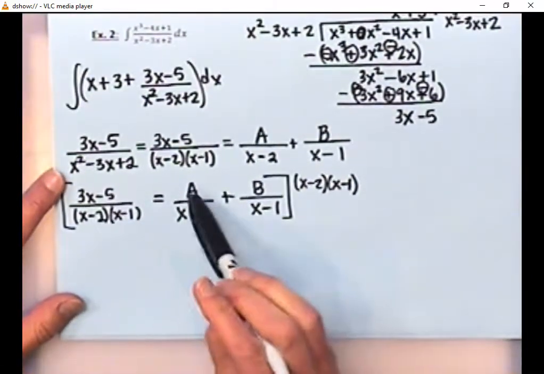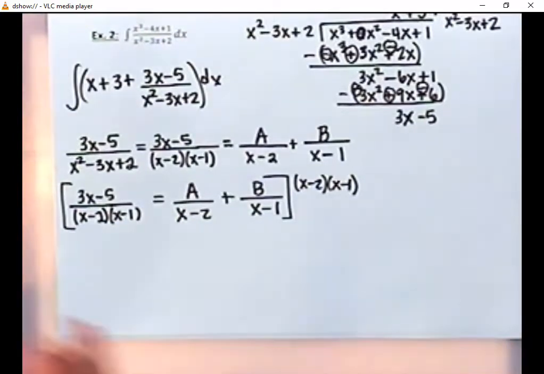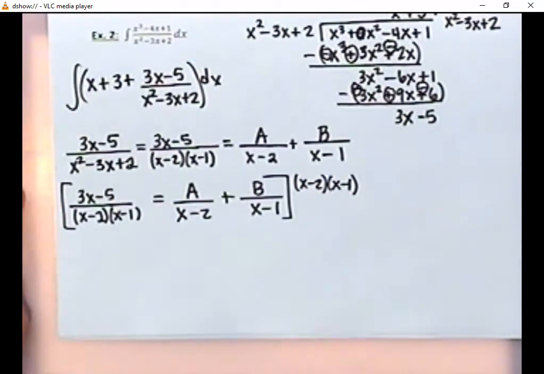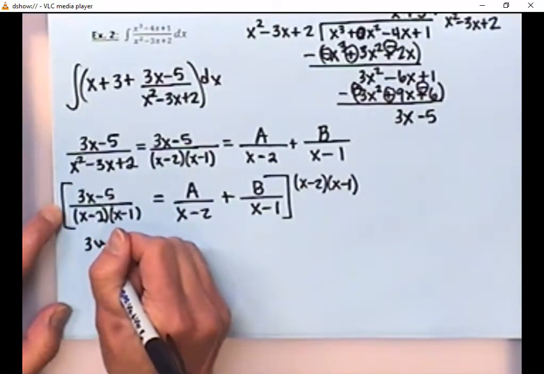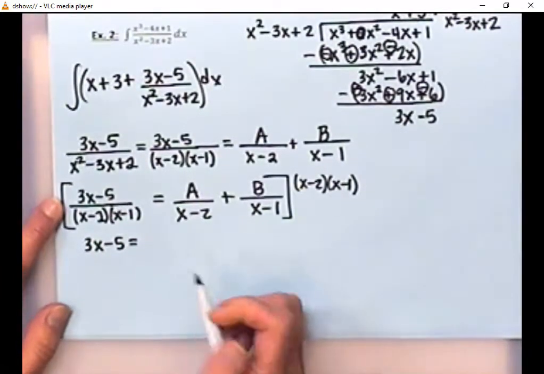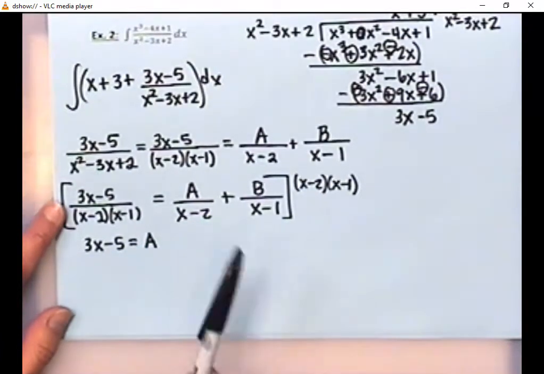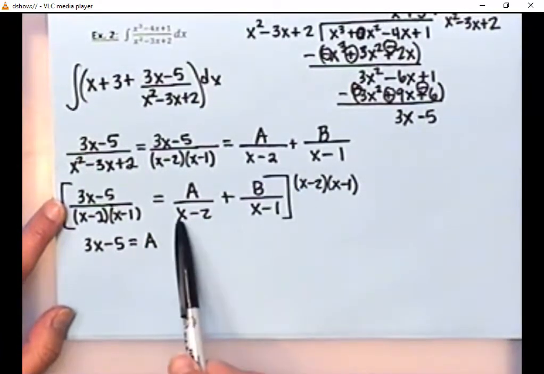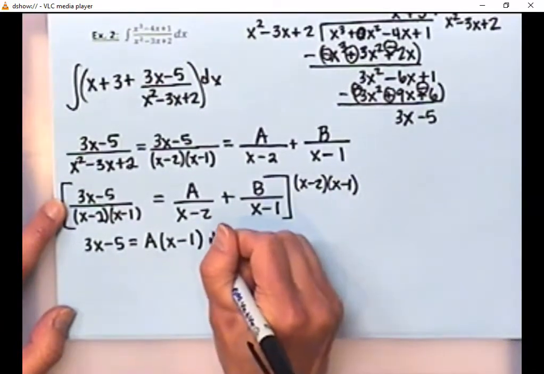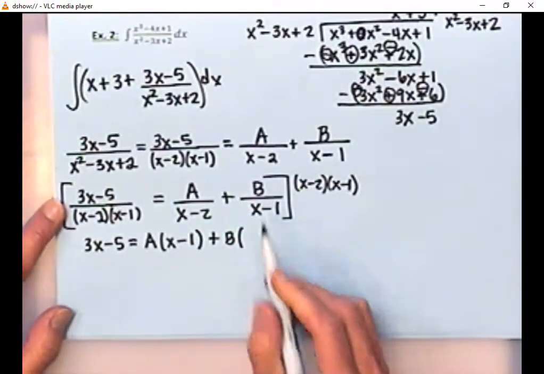And that will apply to all the pieces on the left and the right-hand side. Here's the algebra. Okay, what's going to happen to this left fraction? What will be left? 3x minus 5, right? The bottom 2 cancel. What will be left on this fraction with the A? Yeah, x minus 2 cancels and you'll have x minus 1. What will be left with B?